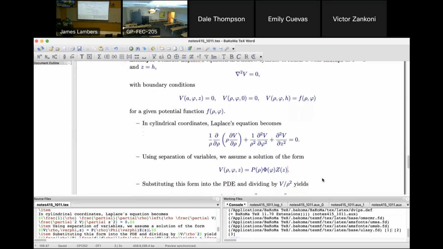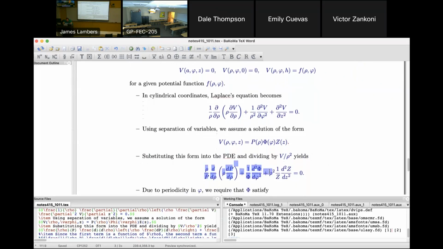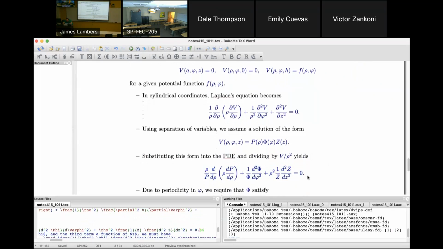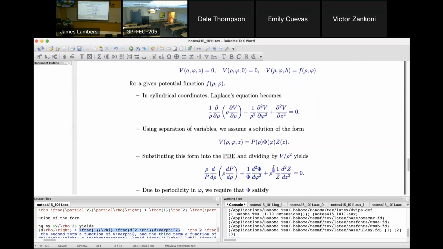So the derivatives work out pretty nicely. And we also then will divide by v, and for notational convenience, we're also going to divide by v over rho squared. So this is what we get. Because when you divide by v, a lot of cancellation happens. So we have this part involving derivatives with respect to rho, this term involving derivatives with respect to phi, this term involving derivatives with respect to z.